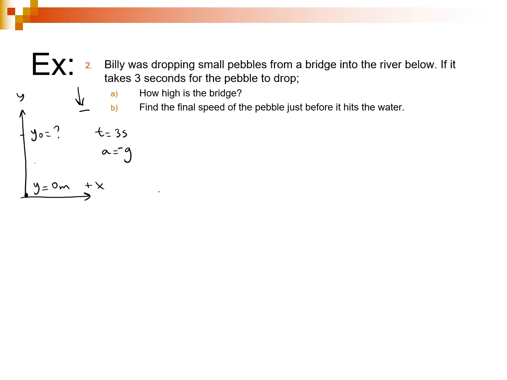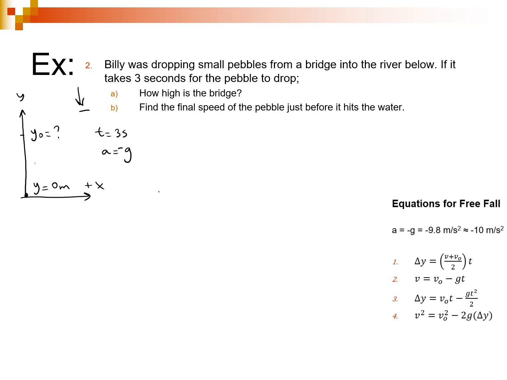Let me take a look at my list of equations again. I need to solve for original position, so I want to use equation number 3 again. So delta y is equal to v original t minus 1/2 g t squared, and delta y is y minus y original.